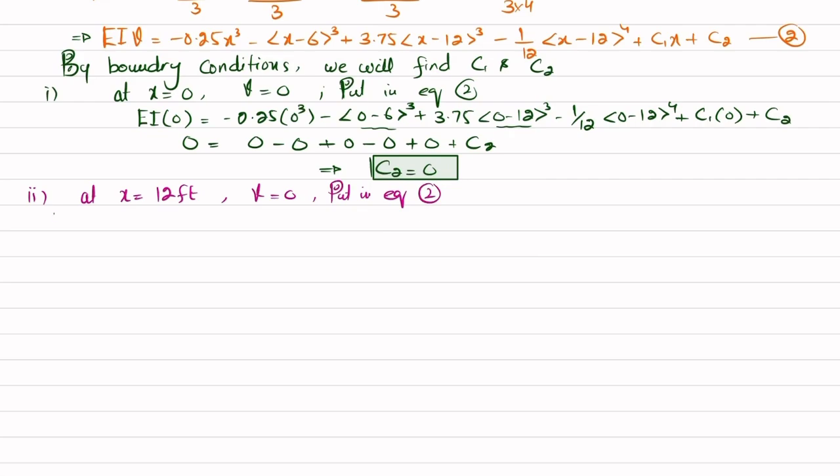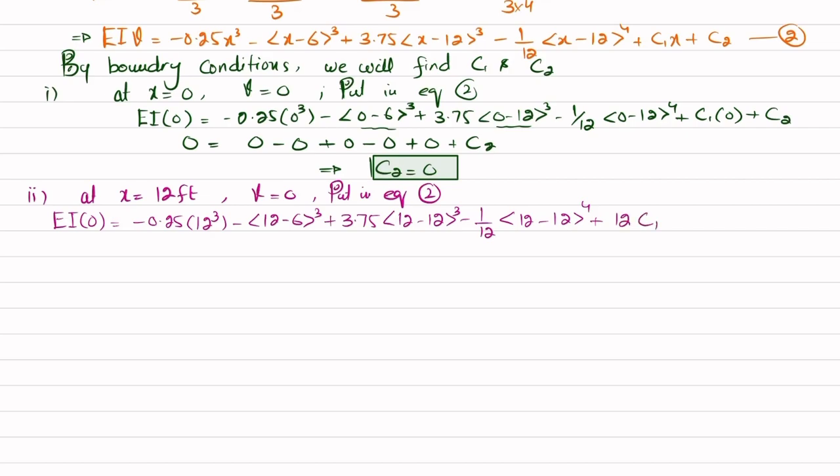I will put it. We will get EI into 0 is equal to minus 0.25 into 12 cube minus 12 minus 6 cube plus 3.75 into 12 minus 12 whole cube minus 1 over 12 into 12 minus 12 whole power 4 plus 12 C1, and C2 was 0.